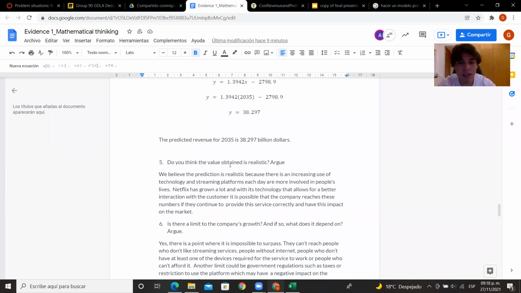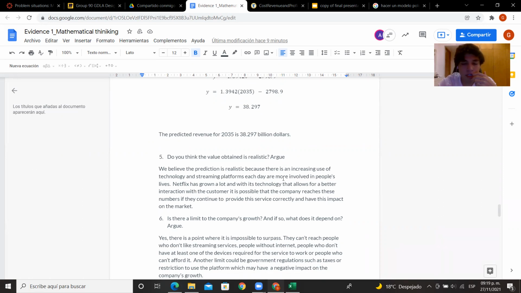Do you think that the value obtained is realistic? We do think that it is realistic because of Netflix's growth. If they continue having this impact in the market, we think it's pretty possible that they can reach this number in 2035.